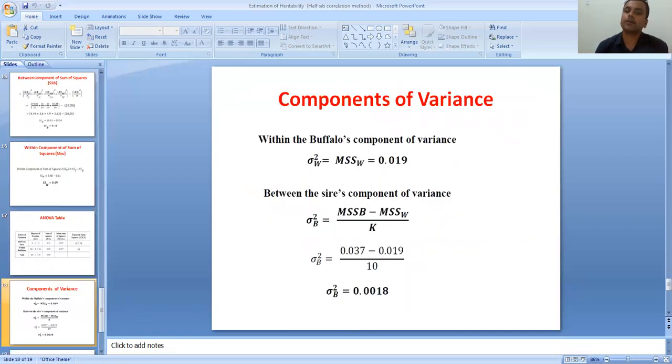Then again, the component of variance within the sire or within the ram, we are getting 0.019, and for the between sire component of variance, we use that formula: mean sum of squares between minus mean sum of squares within rams, divided by K. Here K is equal number of progenies, that's why we take 10, and we are getting the value of variance between the sires as 0.0018.